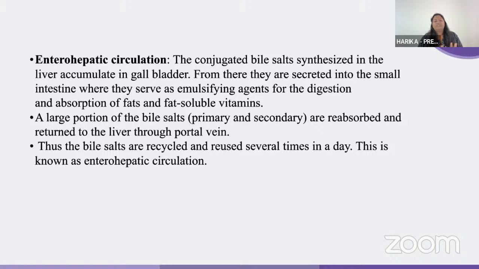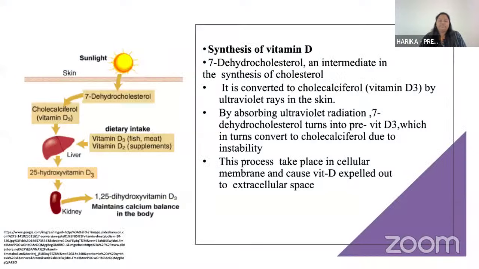When a large amount of bile salts is accumulated, they get reabsorbed by the liver through the portal vein. Finally, these salts are reused several times a day. This is known as enterohepatic circulation.